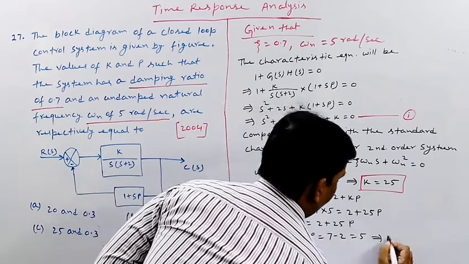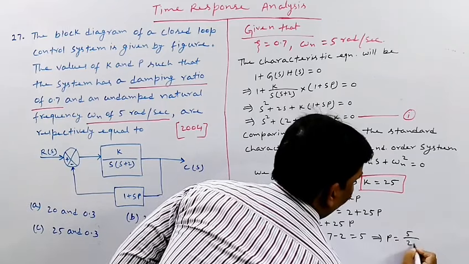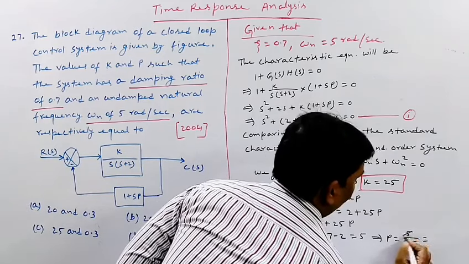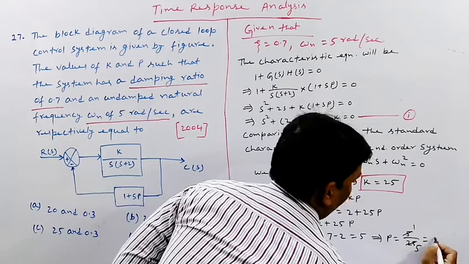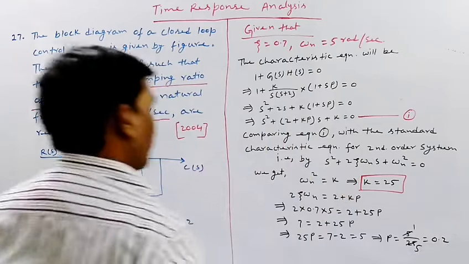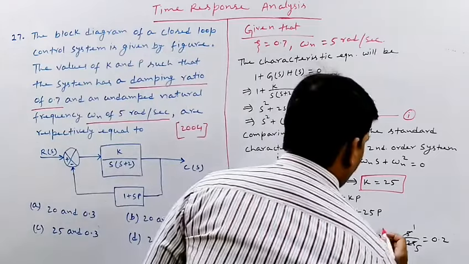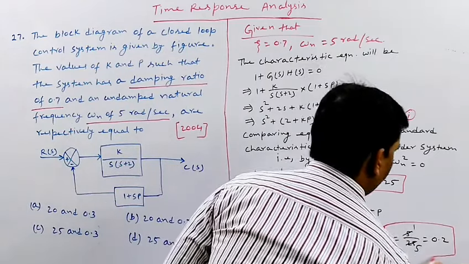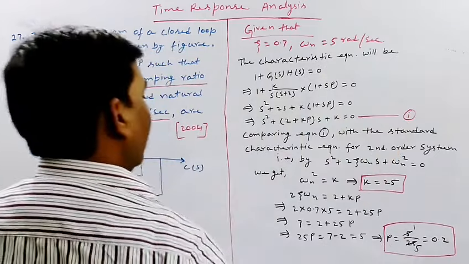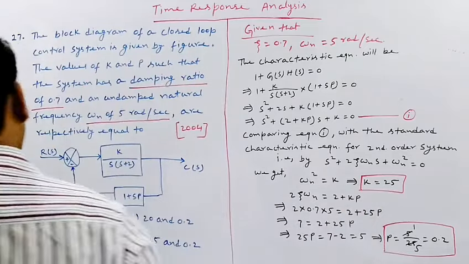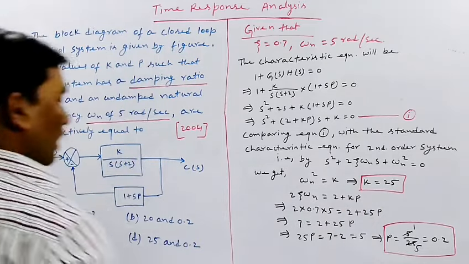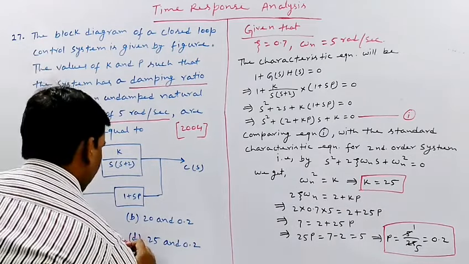This implies p will be equal to 5 by 25, and that will be equal to 0.2. So the value of p is 0.2 and the value of K is 25. So which option is correct? Option number D is correct one.